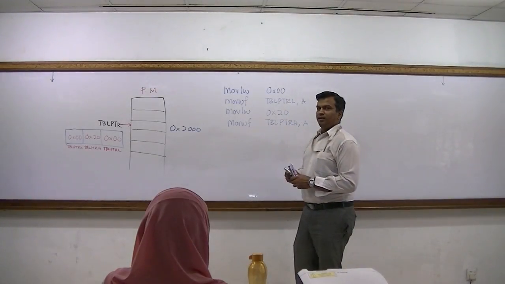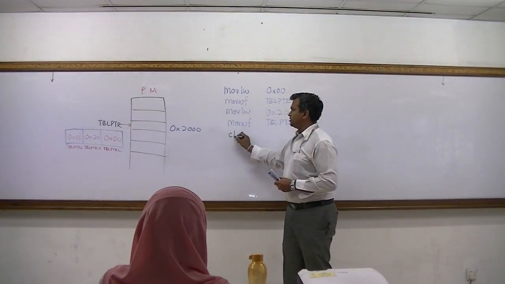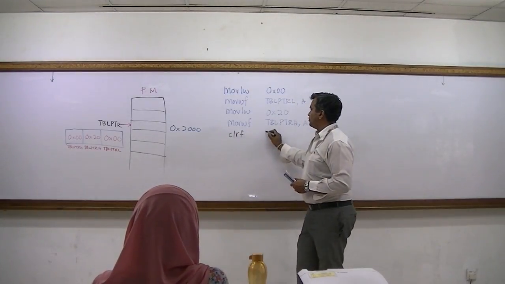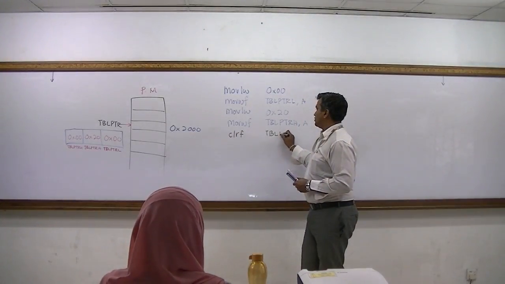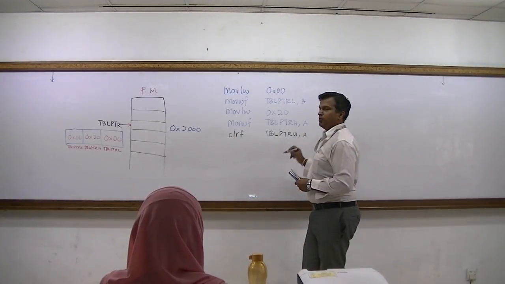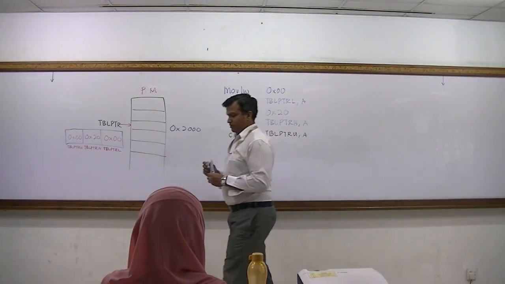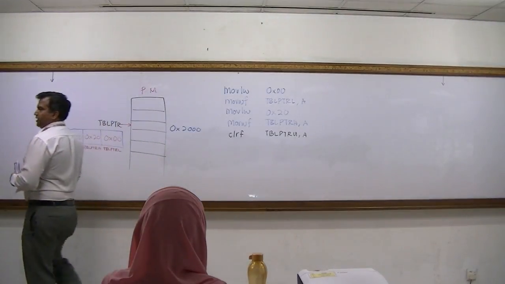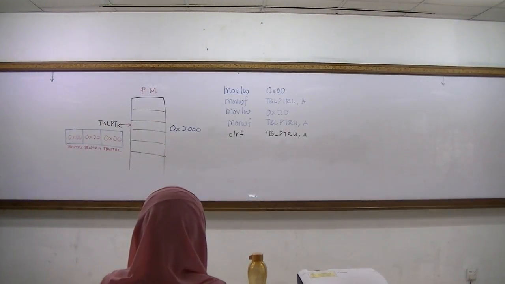Then the last one we can try the other one, which is clear F table pointer upper. So when you do this, your table pointer will point at this address. Is that okay? Any question up to this point?